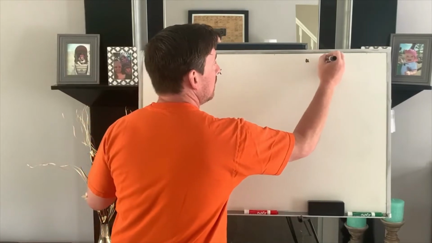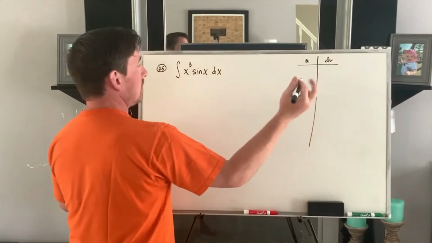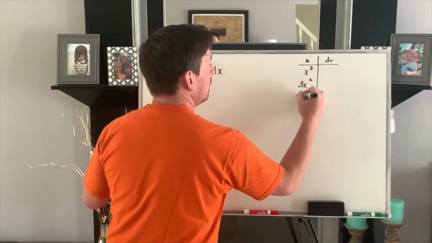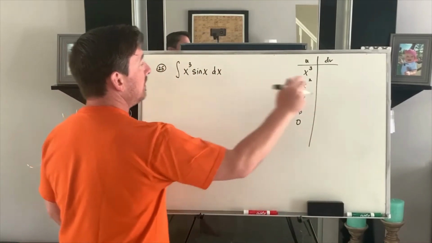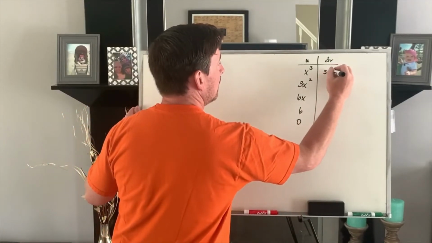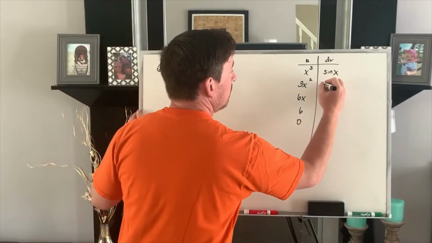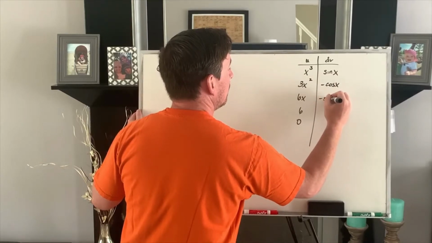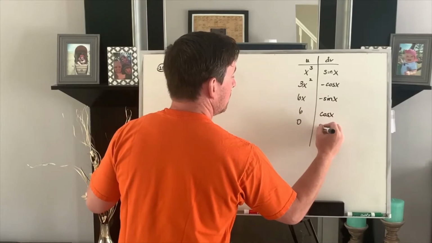So u is going to start out as x cubed, then it's going to go to 3x squared, then 6x, 6, and then finally 0. dv starts out as sine, and that must have come from negative cosine, which came from negative sine, which came from cosine, which came from sine.